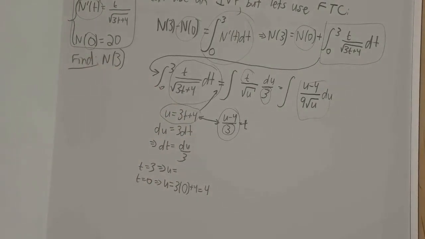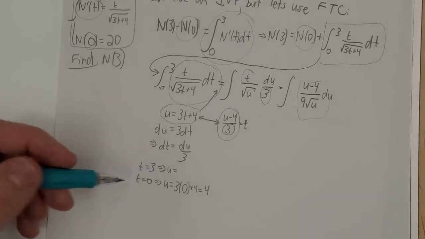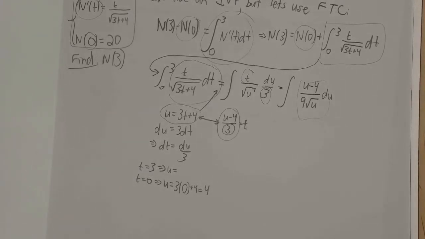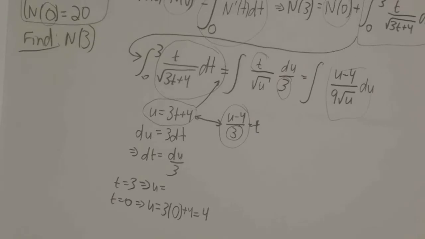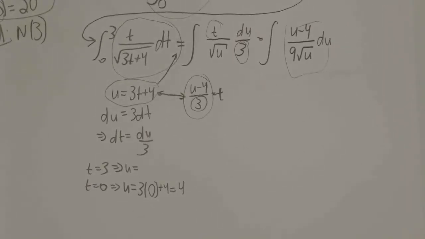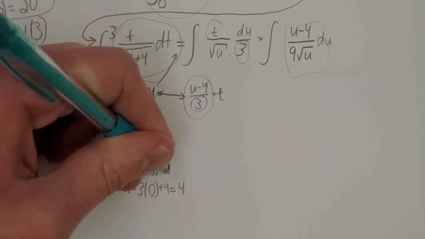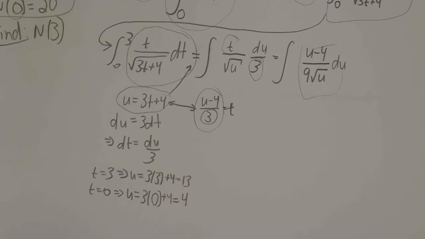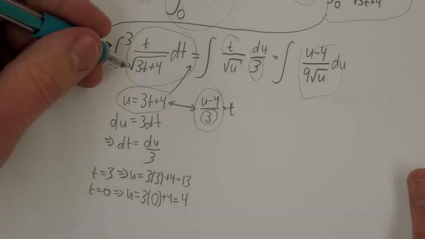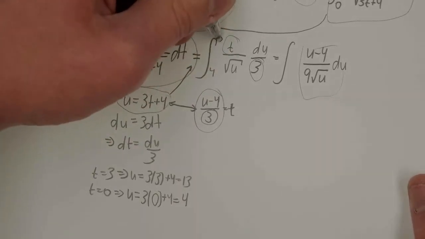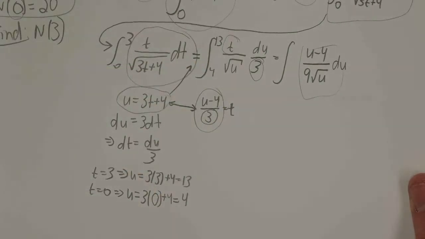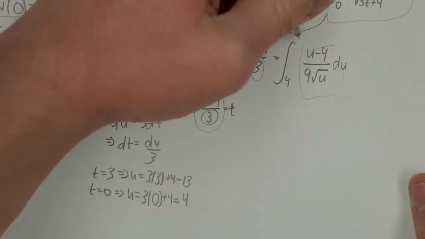And then similarly, the corresponding value of u for t equals 3 should be what? Yeah, 13, right? Because 3 times 3 plus 4 is 13. So that allows us to change the bounds. So now we have, going from 4 to 13 is our new bounds.